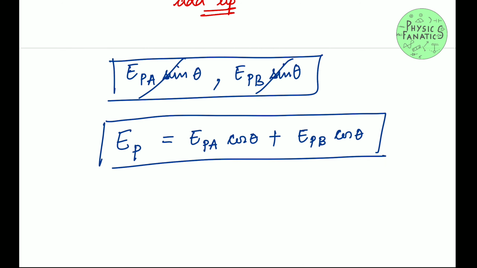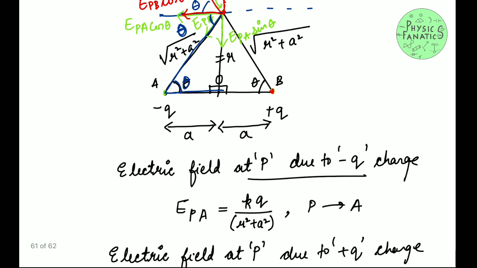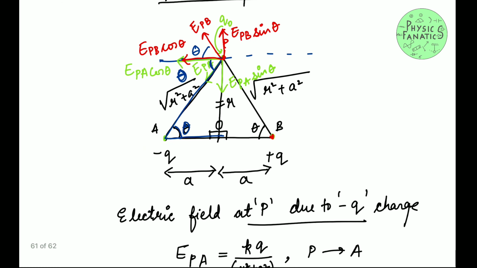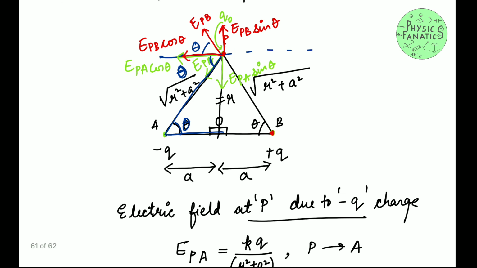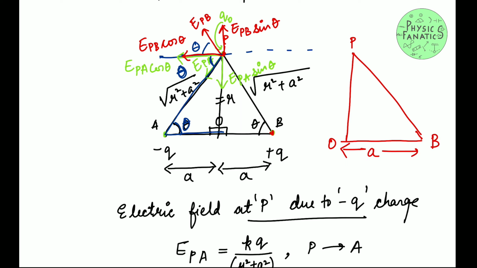Now one more important thing that we have to understand from the diagram. Can you see there are two triangles here? In this triangle, this is my O, this is my B, this is my P side. This is A, this is R, and this is root of R square plus A square, and this is theta. So from this triangle, can I find the value of cos theta?